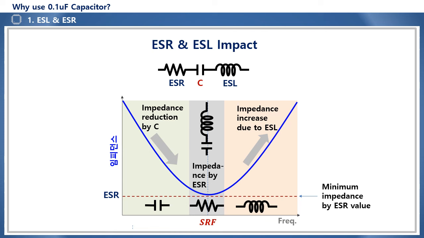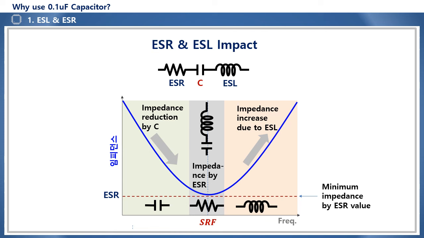When the self-resonant frequency, SRF, is exceeded, the original function of C disappears and the characteristic of parasitic inductance ESL, that is, the impedance increases as the frequency increases, takes on an unintended function. Therefore, this area has inductance characteristics rather than the role of a capacitor, and loses the noise bypass function.